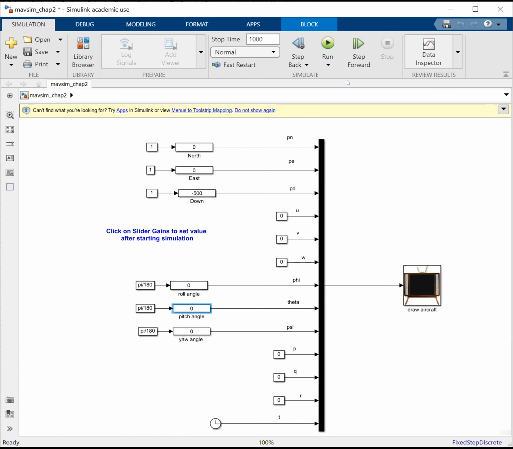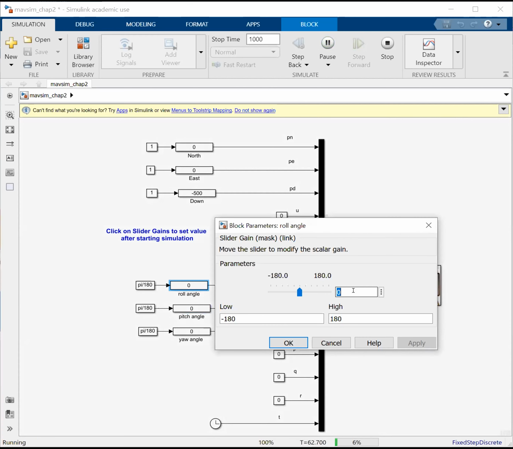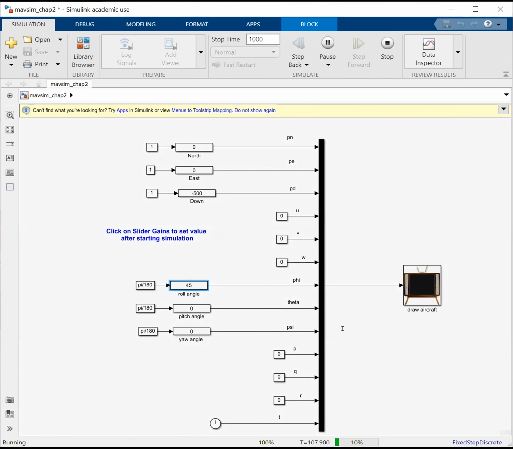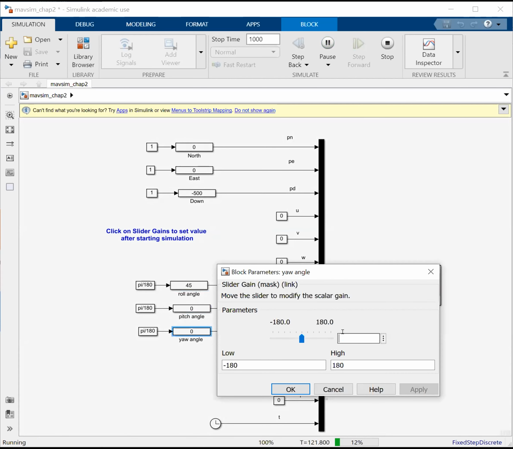Now I want you to run this code. Once you run this code, you are going to get a pretty looking aircraft. Now I want you to do something here. First, change roll angle to 45 degrees, and change yaw angle to 45 degrees.